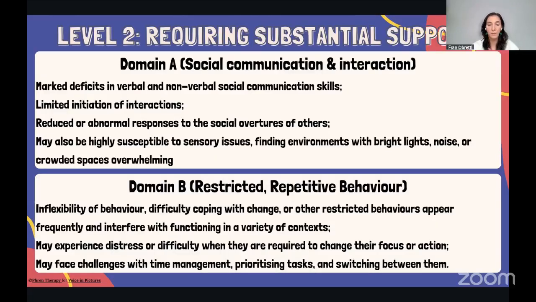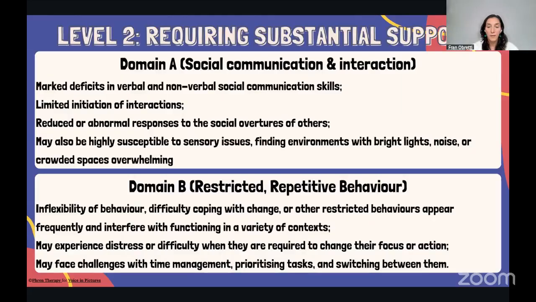In terms of their behavior, the inflexibility of behavior is more pronounced and appears more frequently, so it's easier to spot. And most of the time in a variety of environments: school, at home, in social settings. They might struggle to cope with change, any type of change, even a minor change in routine, even a change in weather sometimes.